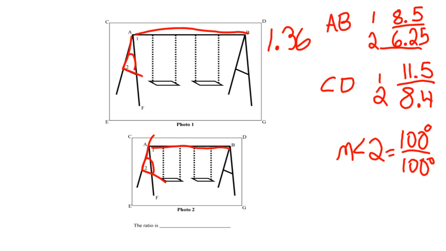And if I do some math here, 11.5 divided by 8.4 will give me a ratio of roughly 1.37, which is pretty close for taking a hand measurement with a ruler. So you can see this ratio is going to be the same. This dilation factor then is going to be 1.36 between photo 1 and photo 2.